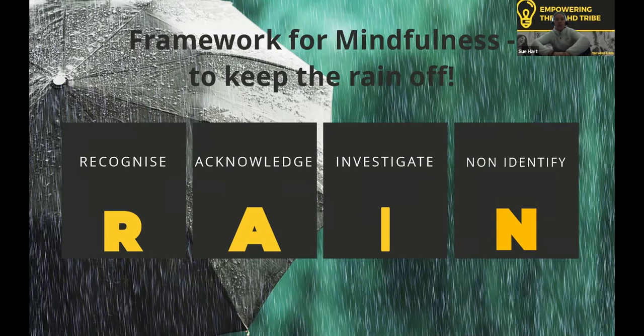So here's a quick framework that we can apply to our mindfulness practice and also to our life. If you remember RAIN, RAIN is the acronym. It's one of the easiest ones to remember. So recognize is the R. So be the observer, just recognize what's going on, then acknowledge it and accept it, that it's there, and then investigate, why is it there?